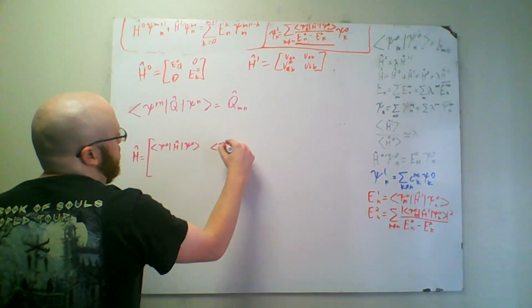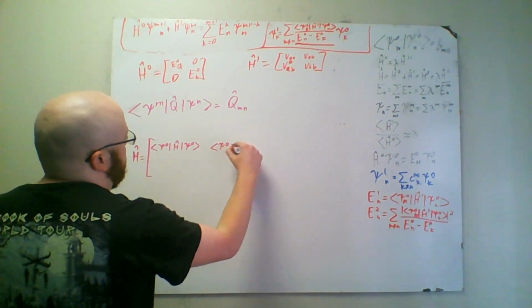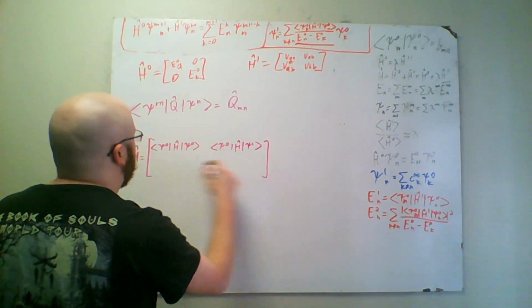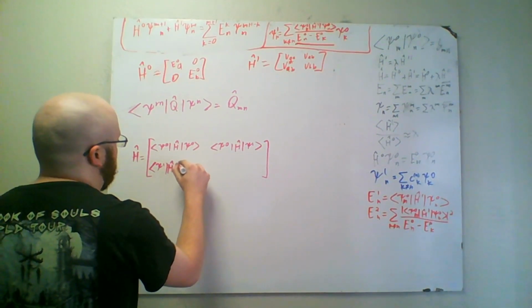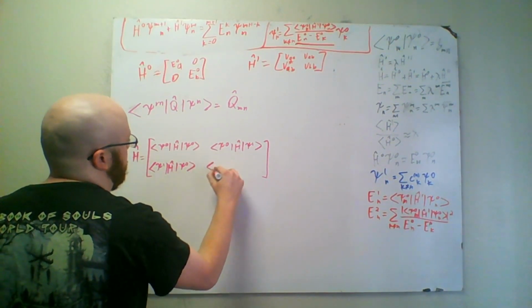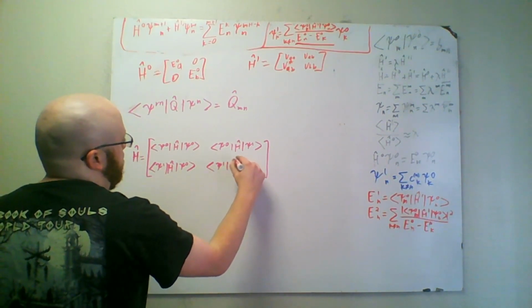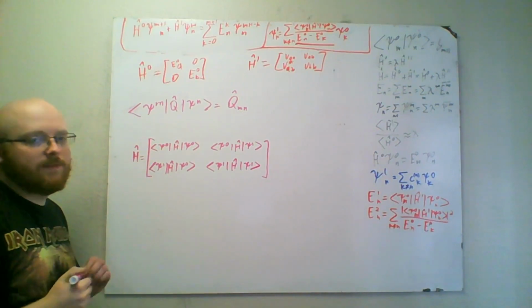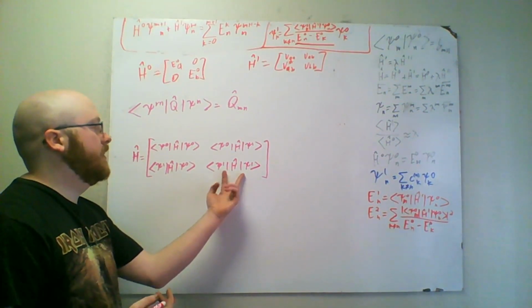This would be psi row versus column, so psi 0, H psi 1, psi 1, H psi 0, psi 1, psi 1.